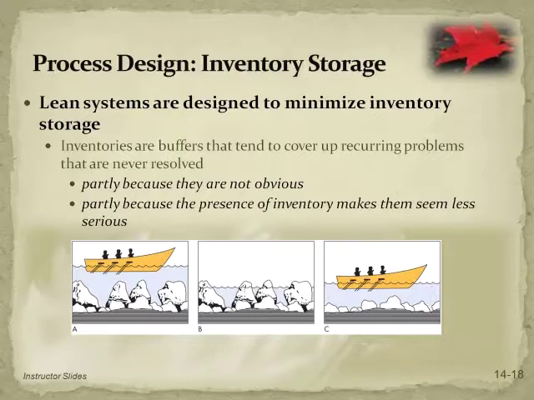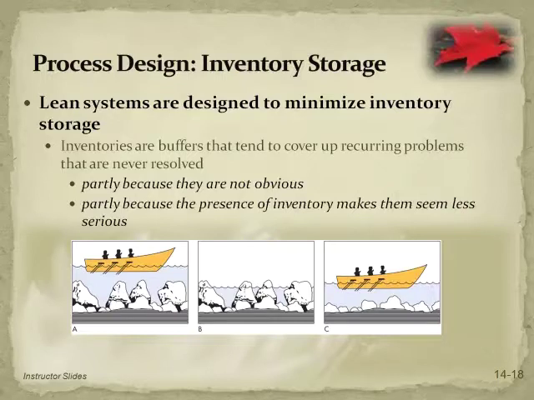So if you take a look at the little figure in the left-hand corner, it's marked figure A. We can see that we have a little rowboat with some rowers on the water, and we have some big boulders or blocks at the bottom of the little lake that they're rowing down. And those rocks represent inventory.